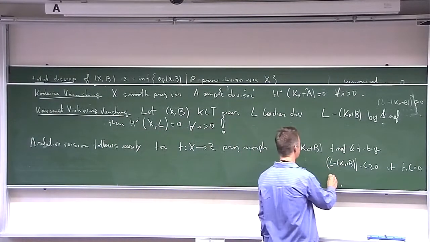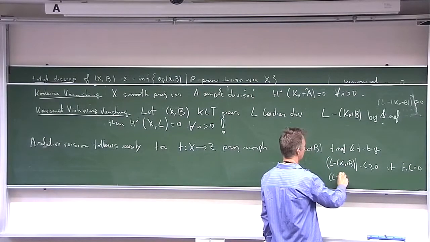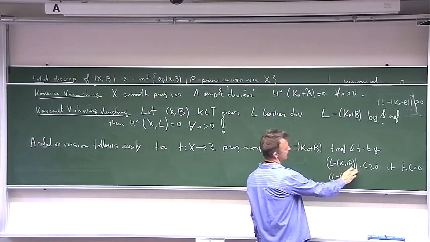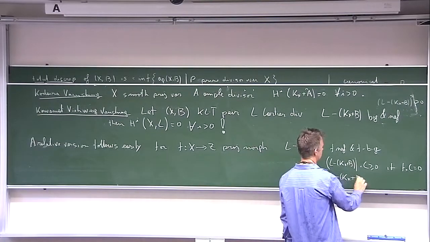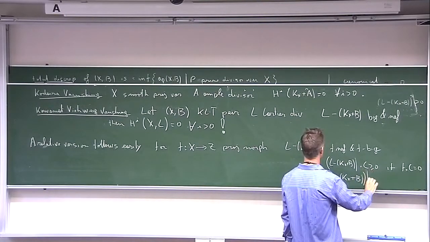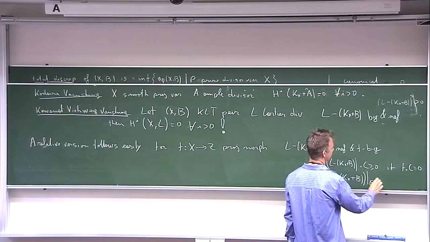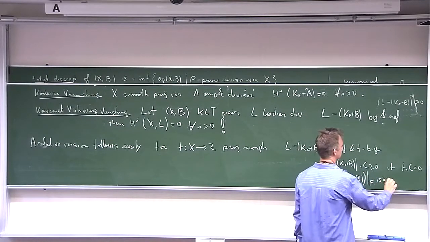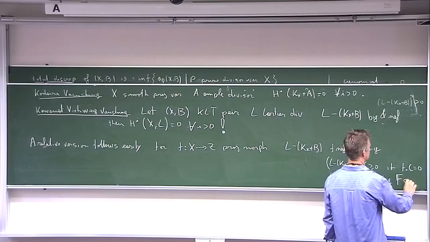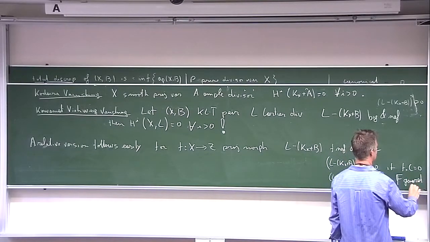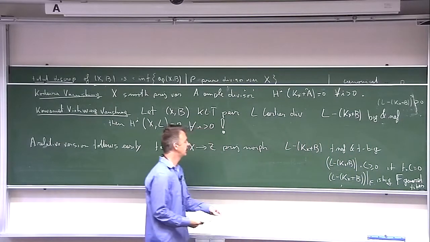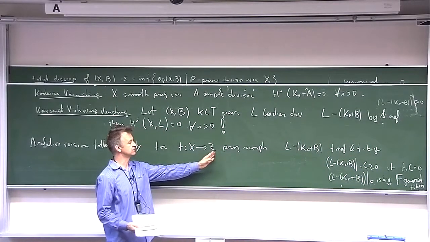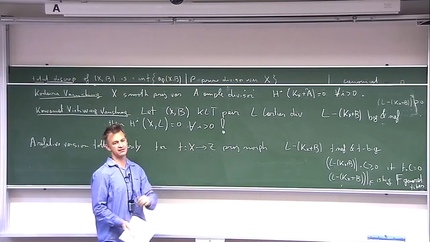In other words, you could think of this as the restriction to every fiber is nef. And for the bigness, you want that the restriction to a general fiber is big. An alternative point of view is to pick a sufficiently ample divisor on Z, pull it back, and then you get something that's actually nef and big.